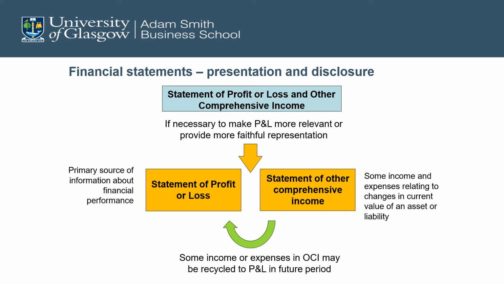So for example, changes in the asset or the changes in the liability. When the asset or liability has been realized, say the asset has been sold or the liability has been repaid, then those changes will be realized in the profit and loss account as income or as expenses.